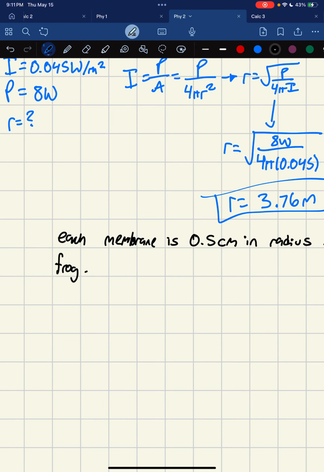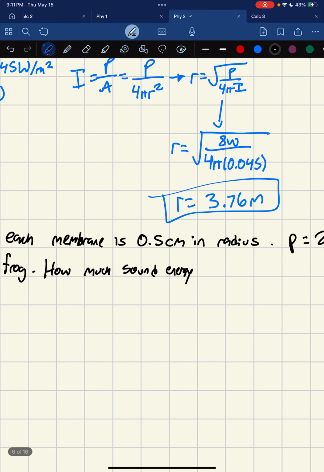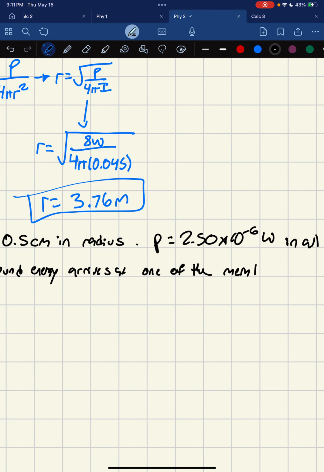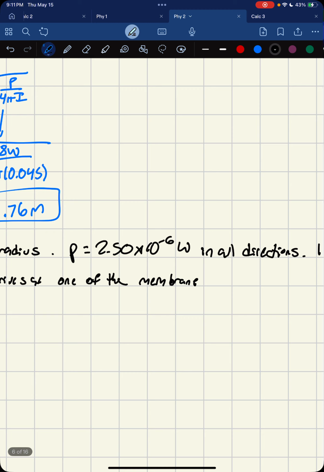How much sound energy arrives at one of the membranes each second?